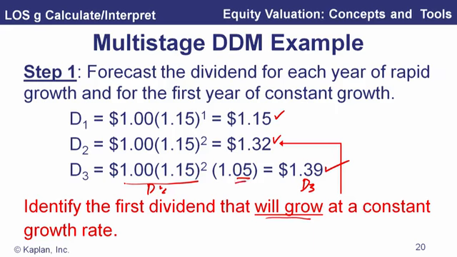Not the one that has grown at a constant rate, but this. Certainly that $1.32 is the result of 2 periods of 15% growth. But when we say what's going to happen to it in the future, we'll say that $1.32, it's going to grow at 5% forever.